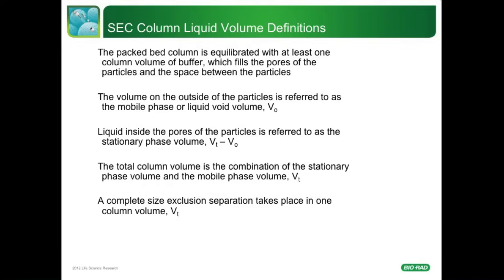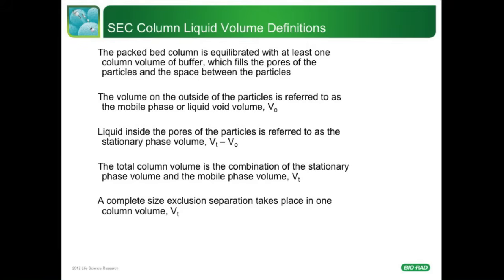Some common size exclusion liquid definitions are the following. If you take a buffer and fill up a size exclusion column that has the porous particle beads inside of it, the liquid will go outside the particle beads as well as inside the particle beads.